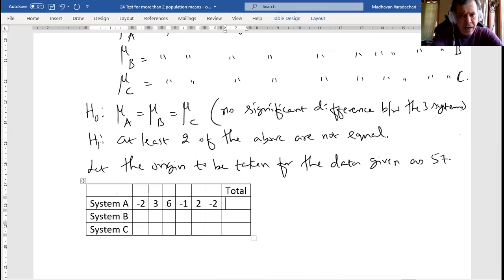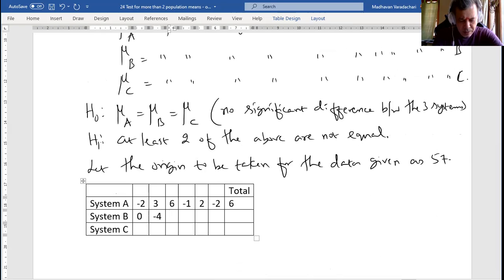The total of that, if I add it, I will get 6, then 0, then minus 4, then 7, then minus 8, then 5. The total of this particular row is 0, and then the next values are 9, then minus 5, then 4, then 0. For this, the total will be 8.